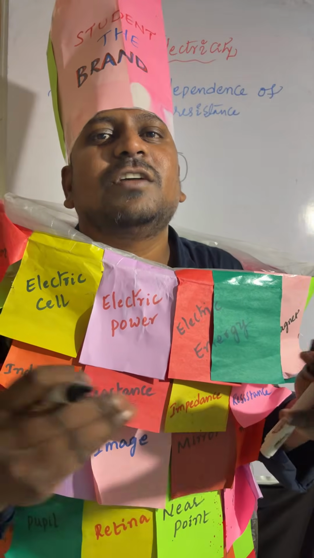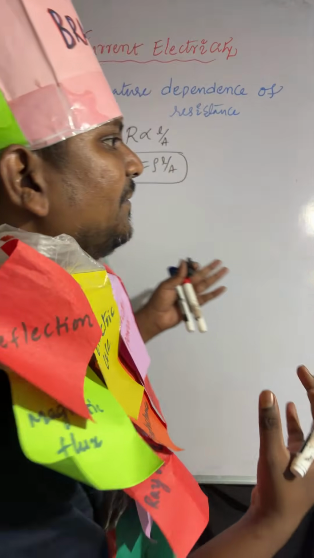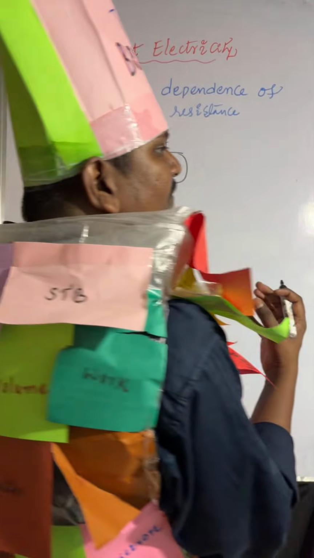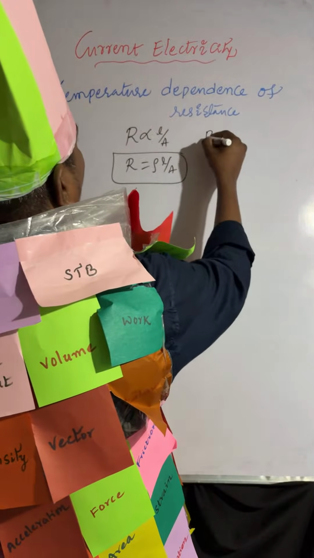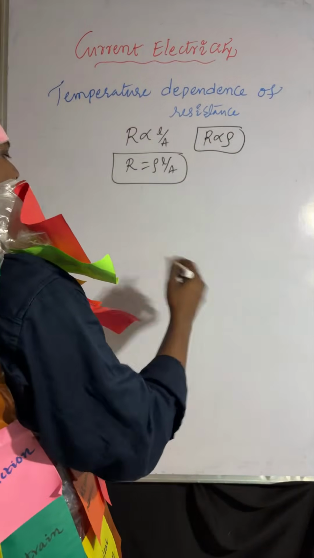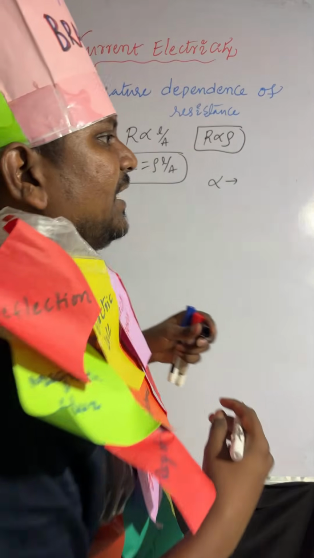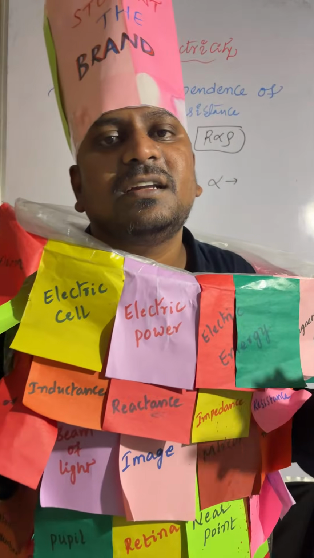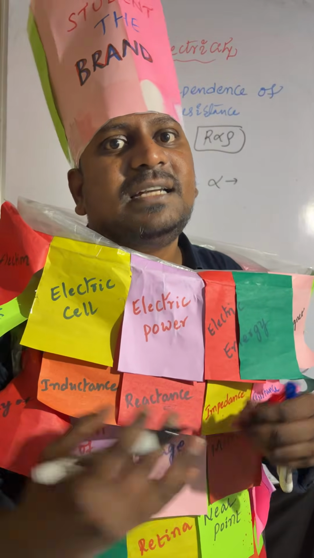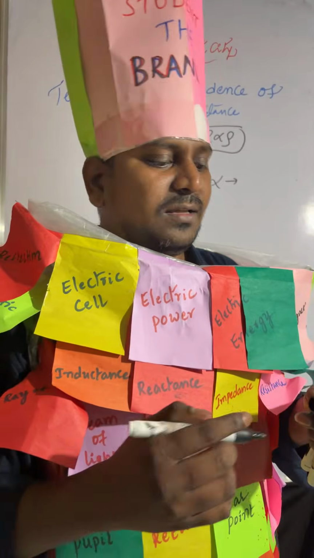But those changes are very small, very little. That's why R is directly proportional to rho. Here alpha is the temperature coefficient of resistance.